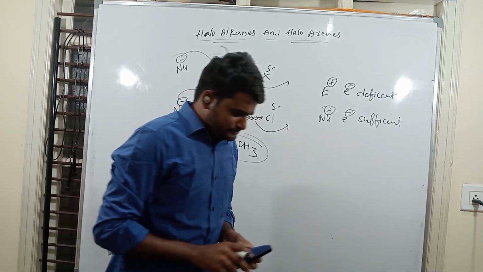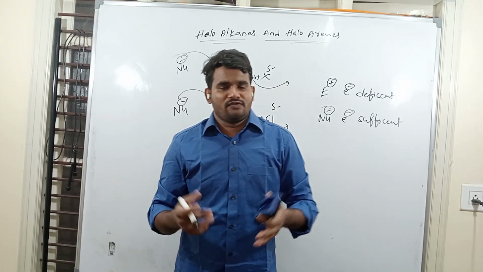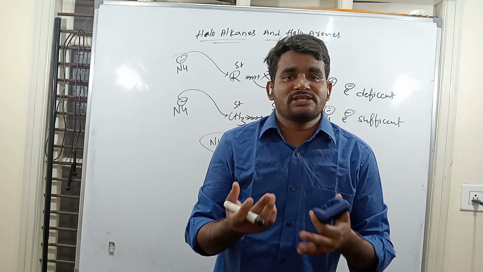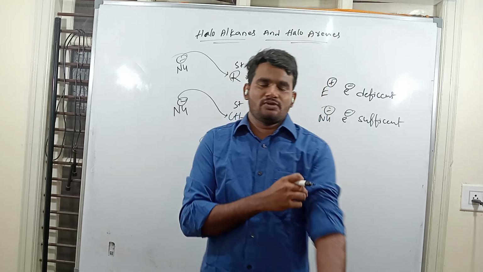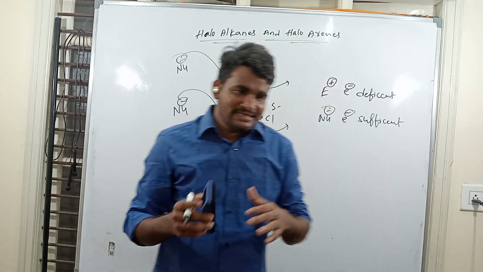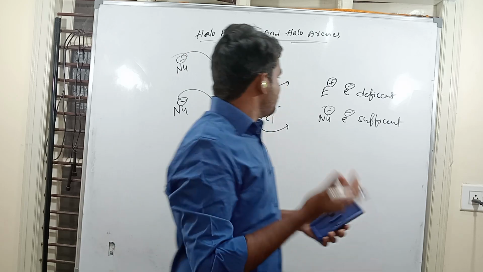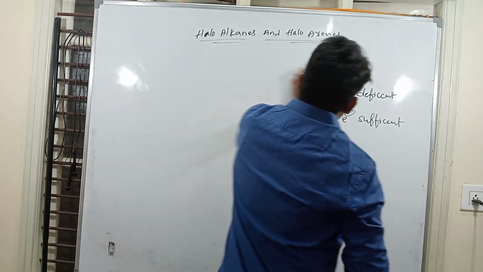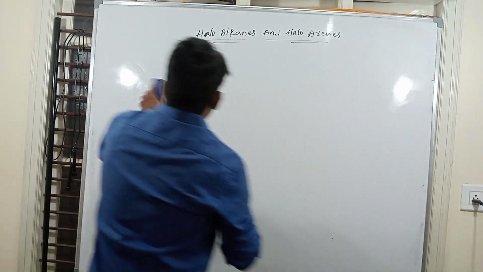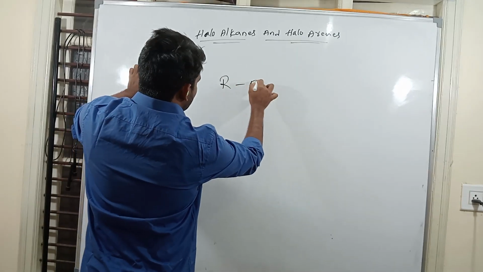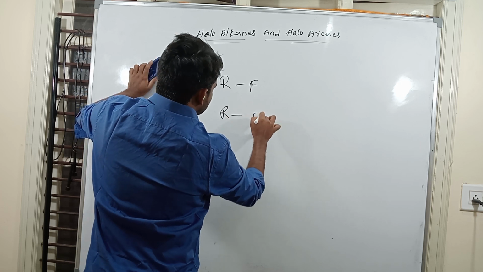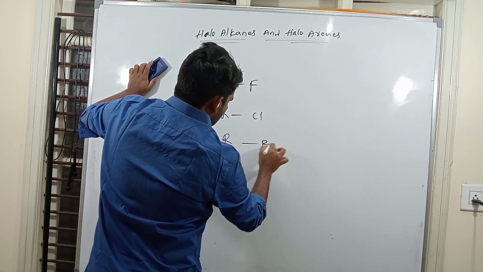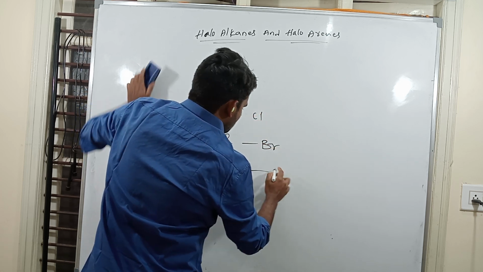Before going to the nucleophilic substitution reaction, what is the actual definition of nucleophilic substitution reaction? Let's see what the reactivity order of haloalkanes is. I will take the haloalkanes RF, RCl, RBr and RI.